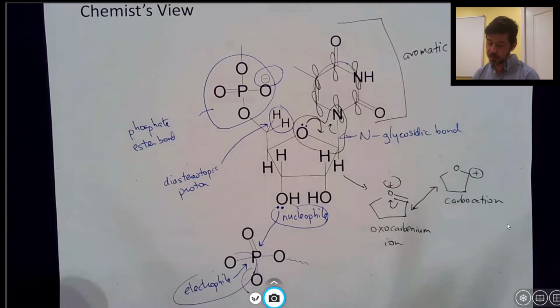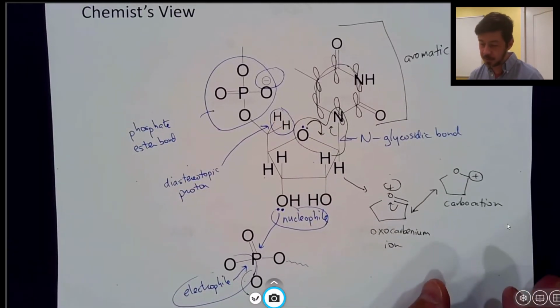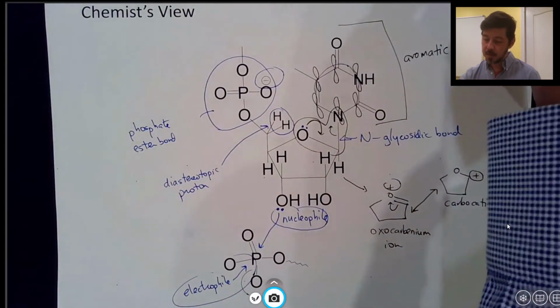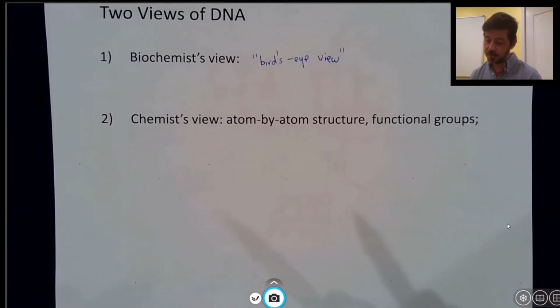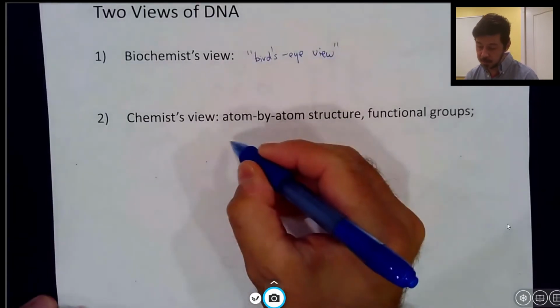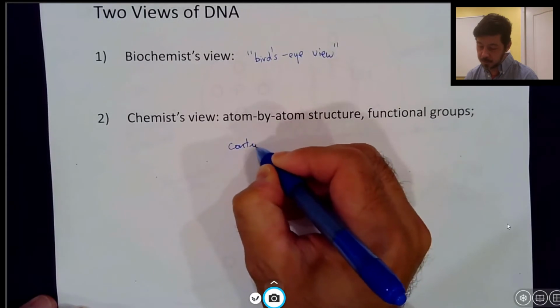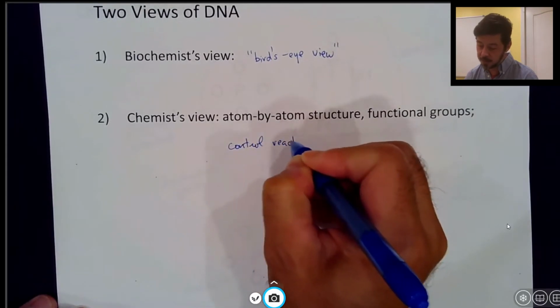Okay, so we'll definitely touch base on these as time goes on, but as you can see, the chemist's perspective is really quite different. Atom by atom structure, functional groups. So some things chemists think about is, can we control the reactivity of some of these molecules? Can we synthesize them? Can we understand them?